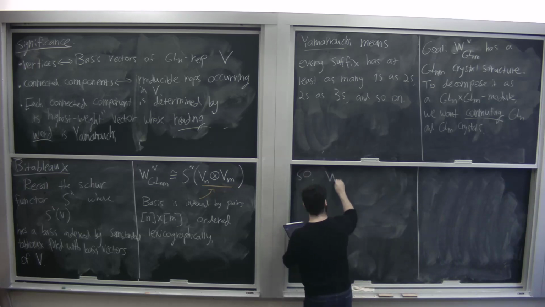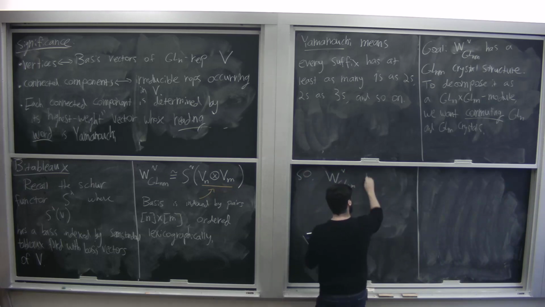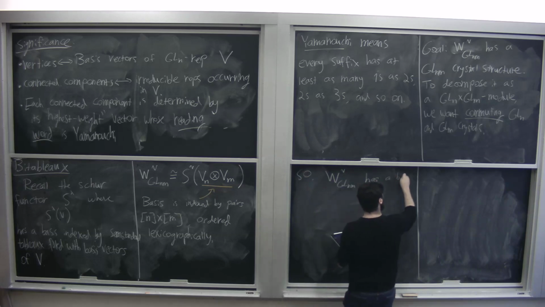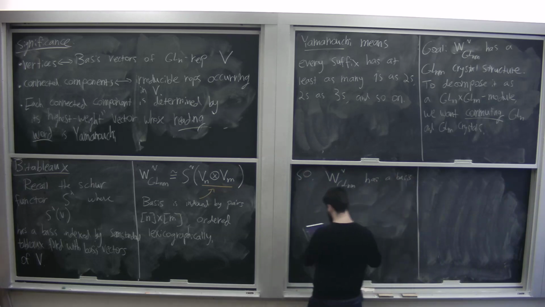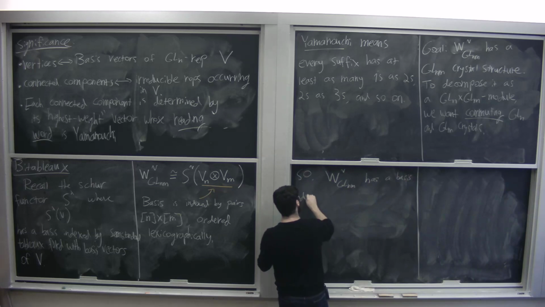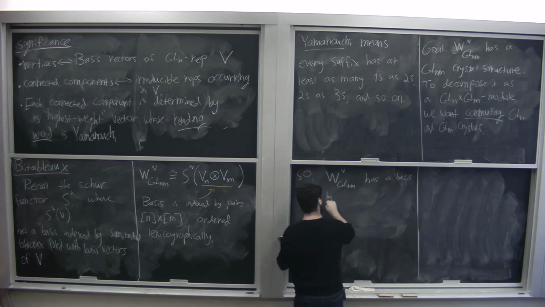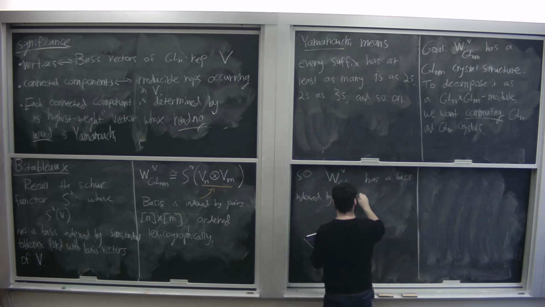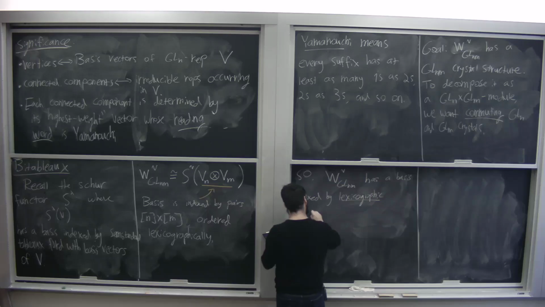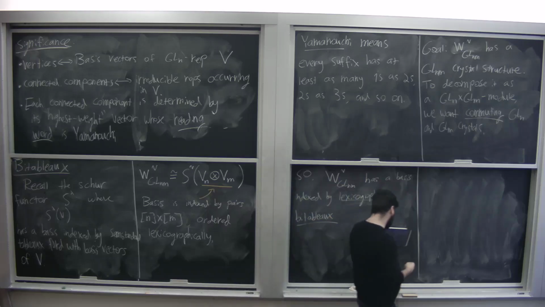And so what this means is that this space we want to study, this representation W nu GLNM, has a basis indexed by what we call lexicographic bitableau, or just bitableau for short.